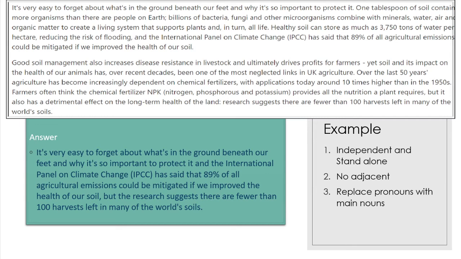So if you find two independent sentences that are not adjacent and all the pronouns are replaced with main nouns, there are also a few more things that you need to know. The sentences should not contain examples, the same dot problem that I mentioned just now.